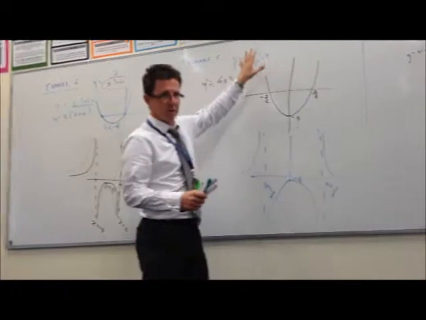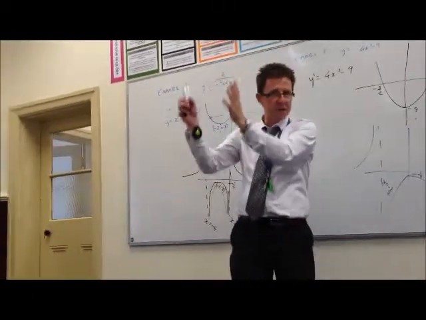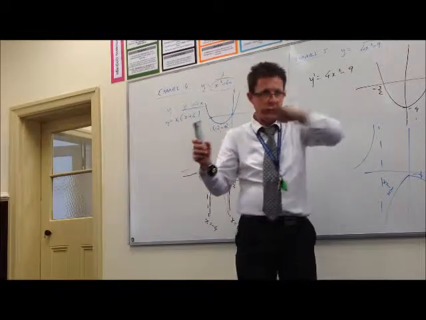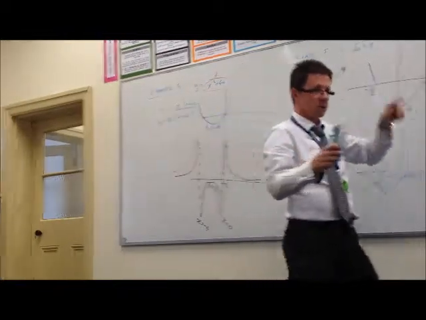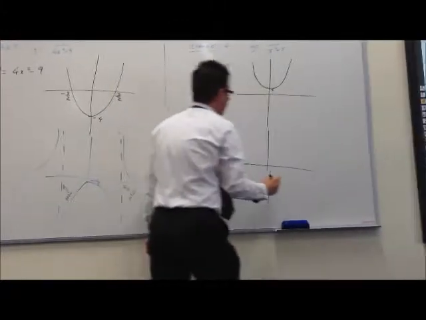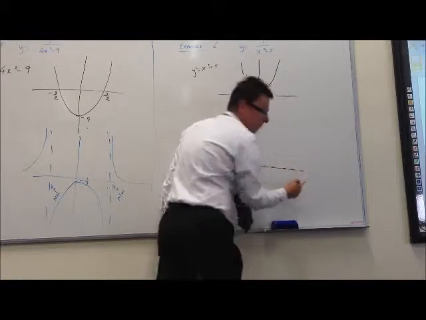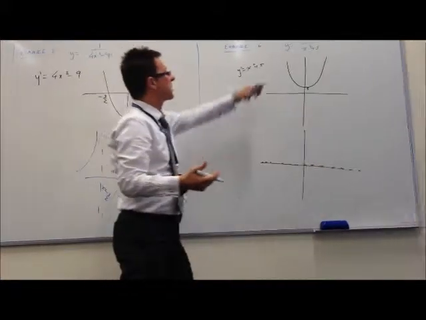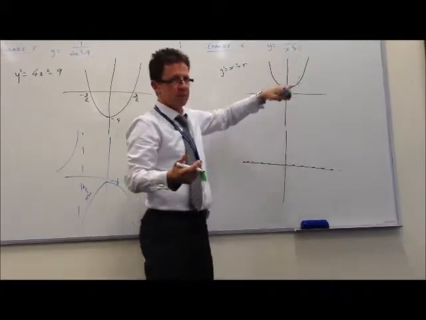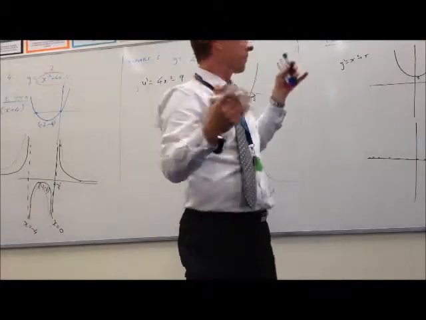Right, that's like in methods, if you've got a hyperbola and you've got nothing written next to it, you've got y equals 0 as another asymptote. So, for this one, the only thing I know is that there will be an asymptote here. Because it doesn't matter how large x becomes, you can't get y being 0.